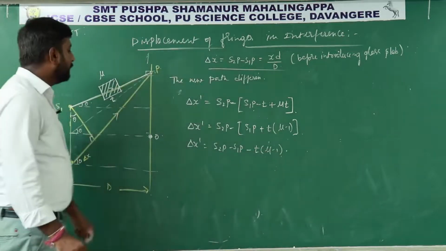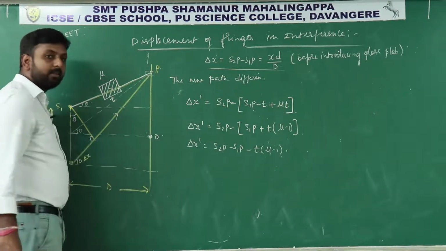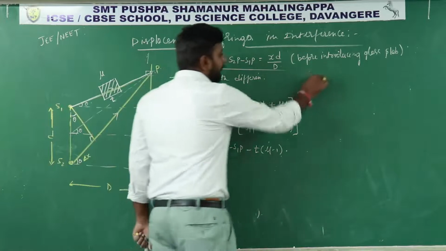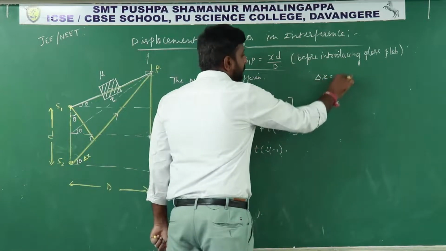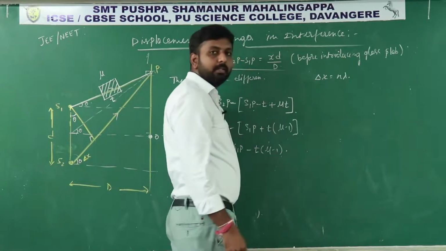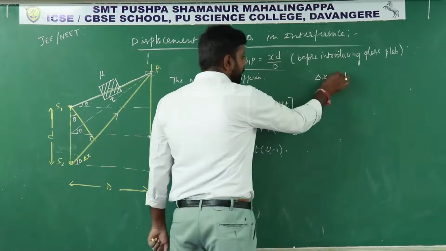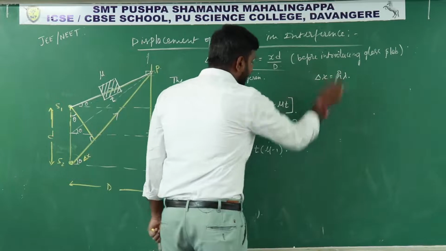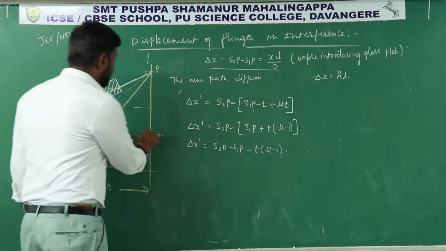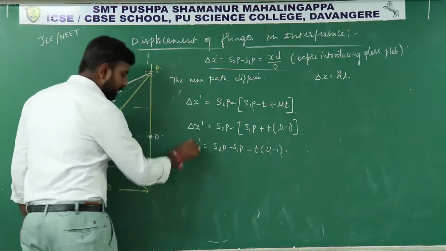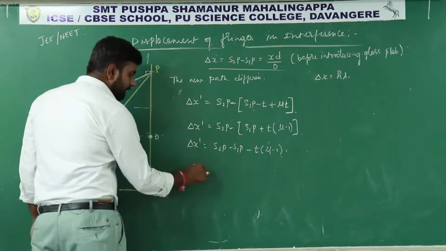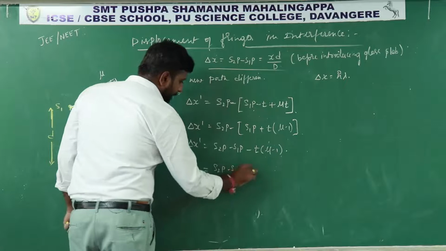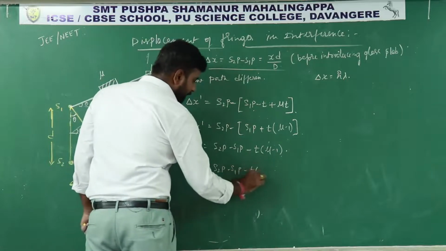Right. So for central maxima, what is the path difference? That is delta x equals n lambda. This is the condition for bright fringes, right? The n value is 0 for the central bright fringe, which means the path difference is 0. For the central bright fringe, if I consider this path difference as 0, I get S2P minus S1P minus t of mu minus 1.